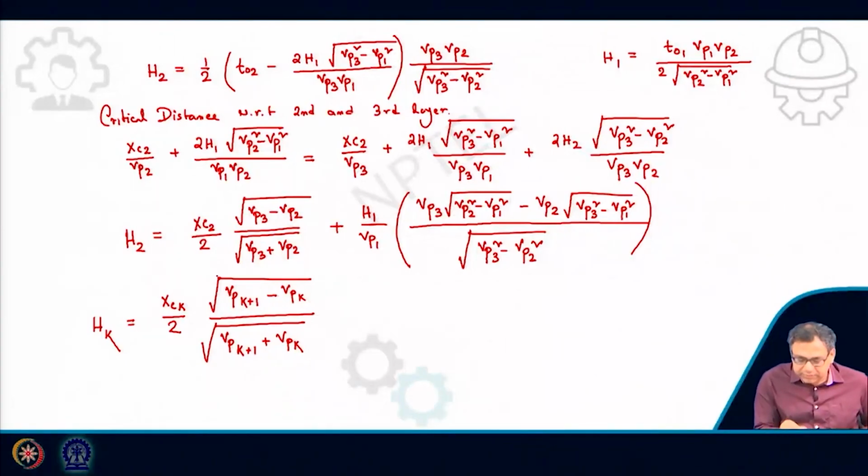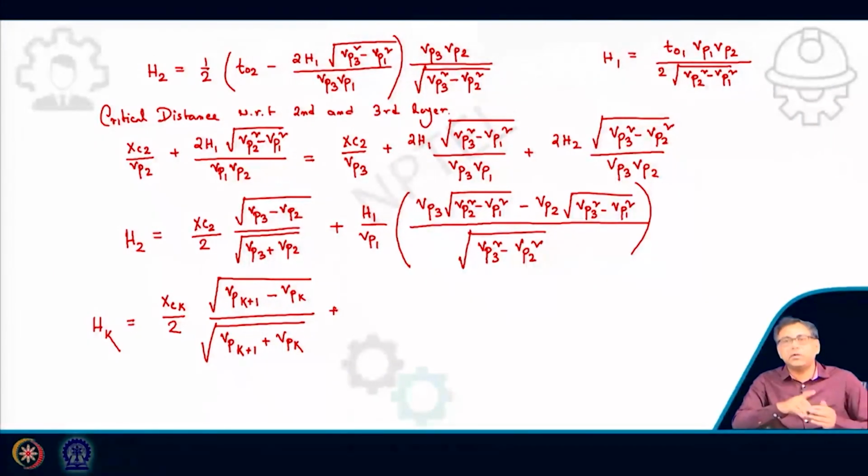So this part is common. After that it will keep on adding layers. In my previous case, when I discussed the 2 layer case with the critical distance concept, just one part was added. Now it is 2 parts.